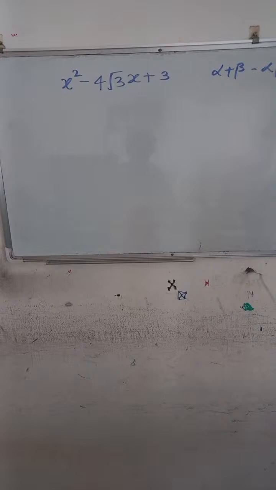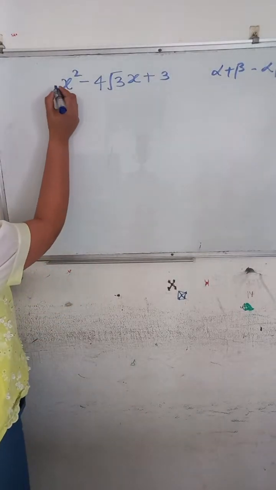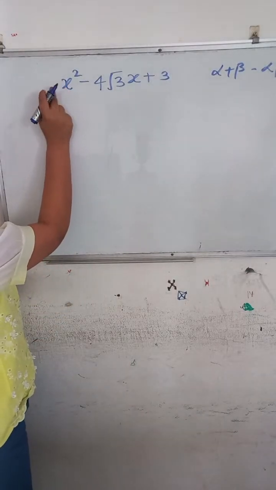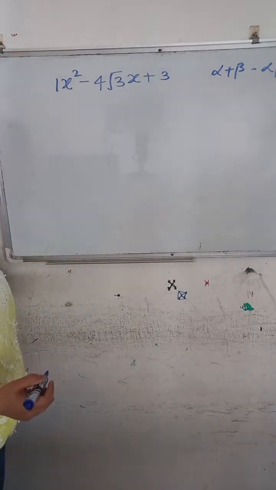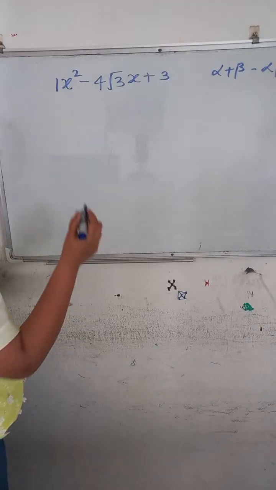Okay, Jivitesh. Value of B is not only 4 root 3, it's a minus 4 root 3. And Alia, value of A is 1, not 2. What is the coefficient of x square? Here the multiple of x square is 1, no? Then why did you type 2?